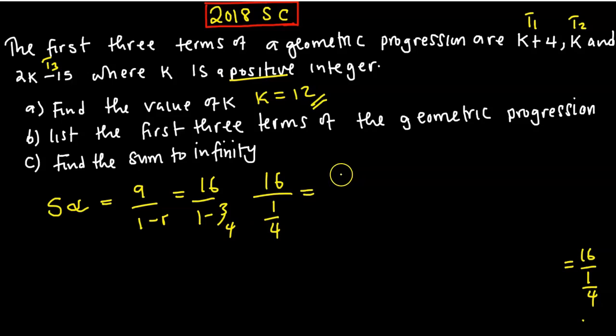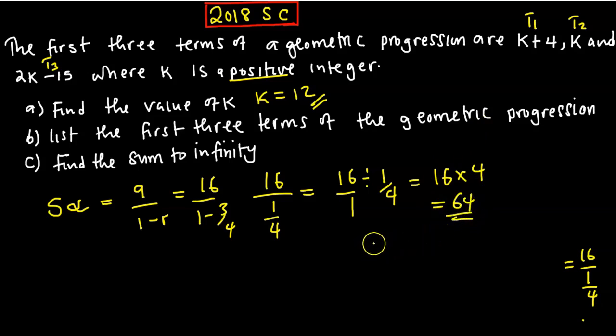Then divide 16 by 1 over 4, which is just the same as 16 multiplied by 4. What is the answer? 64. So the answer is 64. The sum to infinity is 64.